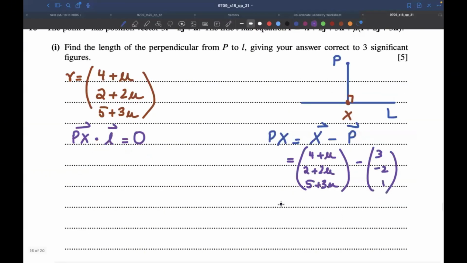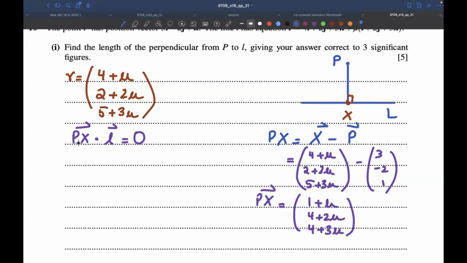Simplifying, 4 minus 3 will be 1, 2 minus minus 2 becomes 4 plus 2μ, and 5 minus 1 will be 4, so 4 plus 3μ. So this is the direction vector of the line PX.